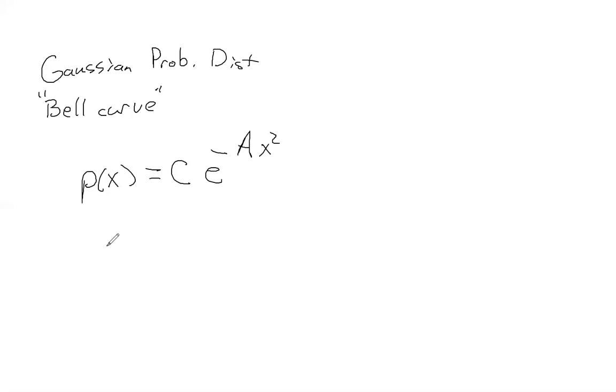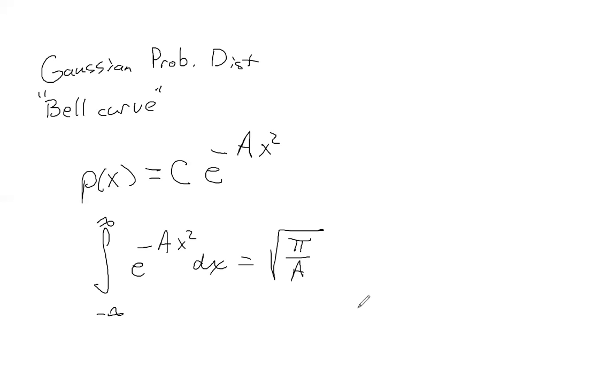So I will just tell you the following result. It turns out that the integral from minus infinity to infinity of e to the minus a x squared dx equals the square root of pi divided by a. I'm not going to justify that. I'm just claiming it without proof. You can confirm it using various tools or an integral table.